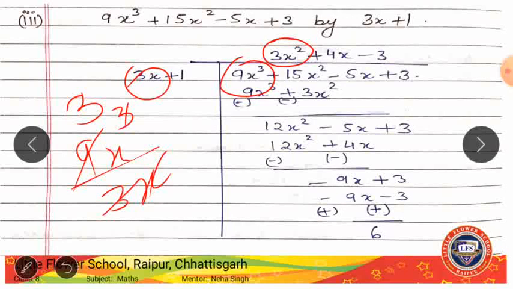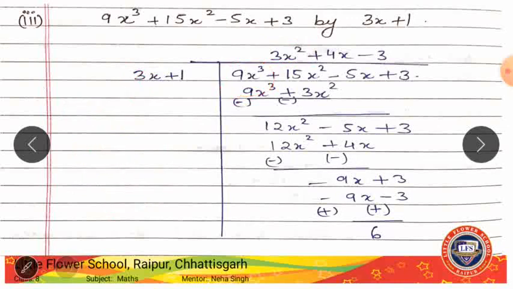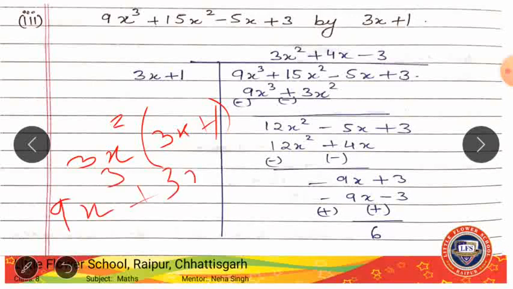Then we will multiply this 3x square with 3x plus 1. 3 into 3 is 9, x cube, plus 3x square. So we'll write it here. Then we'll say sign change. Then subtract, right?